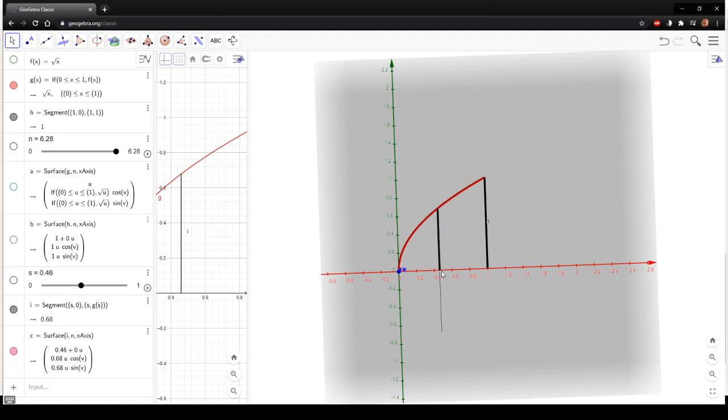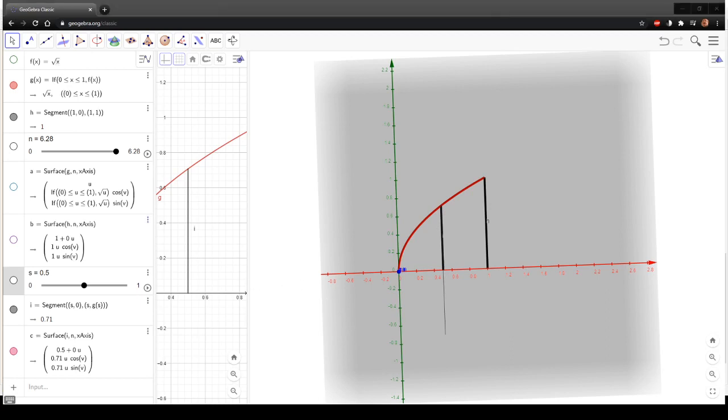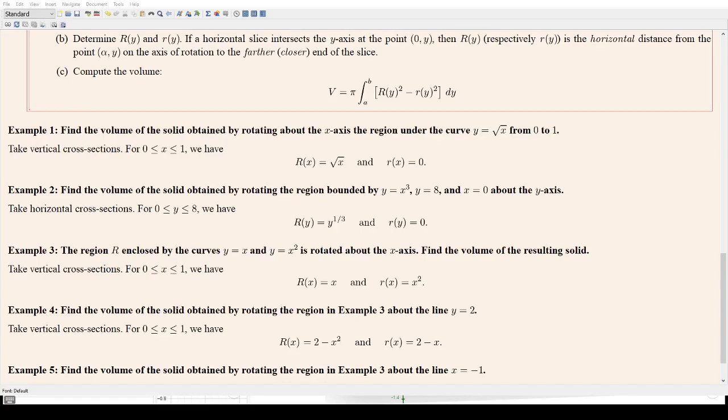Oh, well, it's literally the distance from the x-axis to the function. So the outer radius is the function value. It is the distance from the x-axis to the function, so that's square root of x, by definition. So there we go. That's how we get that the outer radius is square root of x and the inner radius is 0.